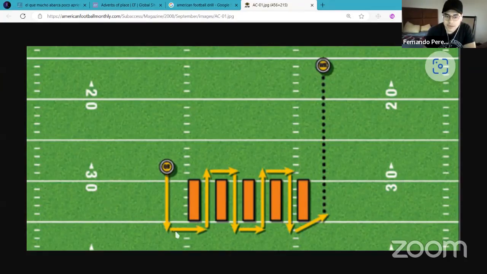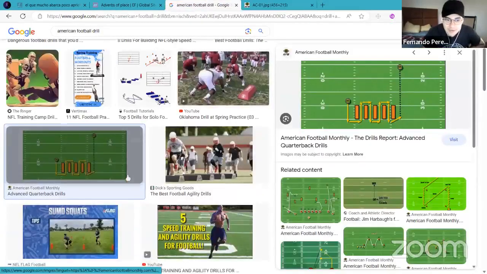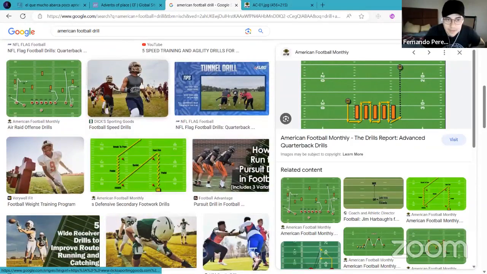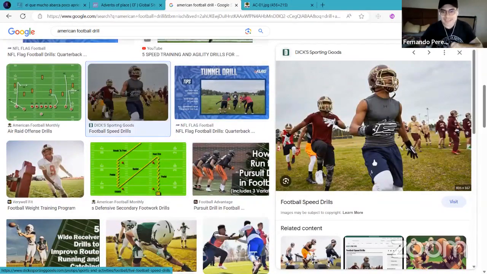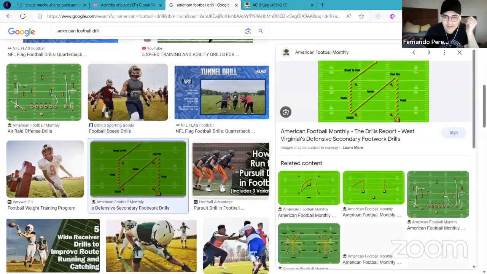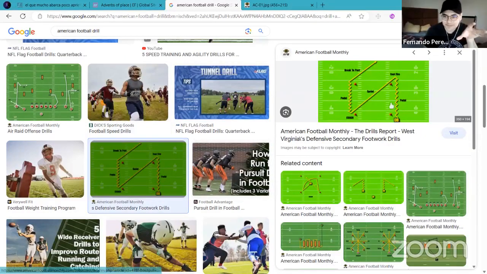The quarterback runs and moves, 1, 2, 3, 4, 5. When the quarterback enters here, he runs and throws the ball at this specific point. So in real practice, when they are playing, they do this movement naturally because they memorize these positions, these patterns. Do you understand what is a drill?